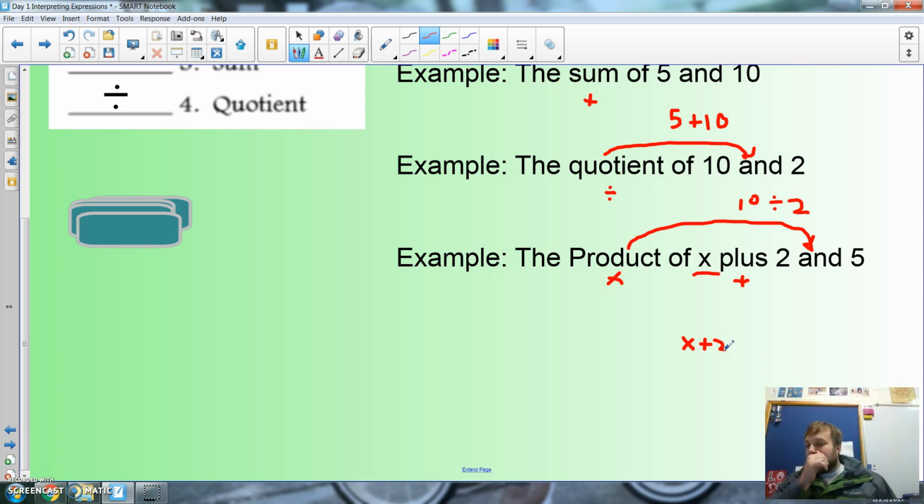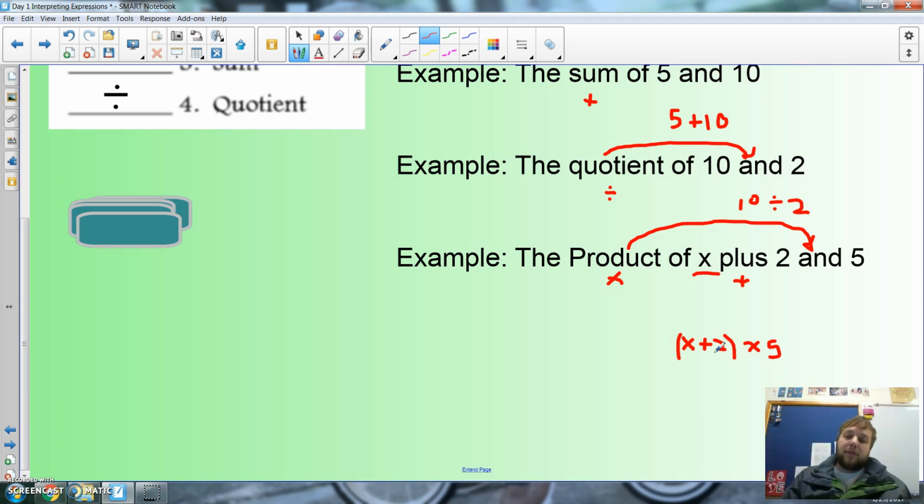It's the product of x plus 2. So I actually need to take both of those and put those together. And "and" means multiply 5. Now, I know this takes a little bit of time to sit here and think this through, but that is what we would do. So it's x plus 2, and then it's the product of that and 5.